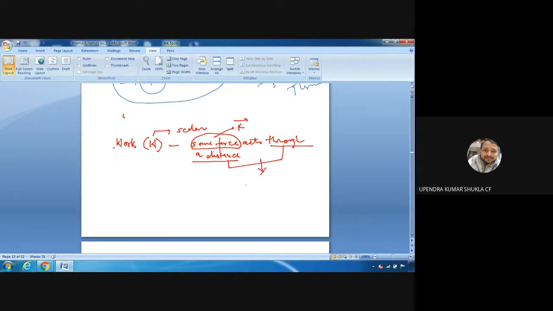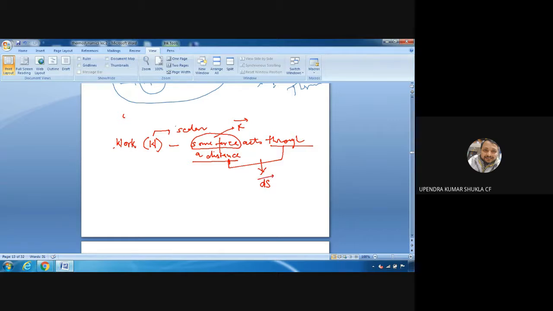And this distance is along the line of displacement, so it is also a vector quantity.